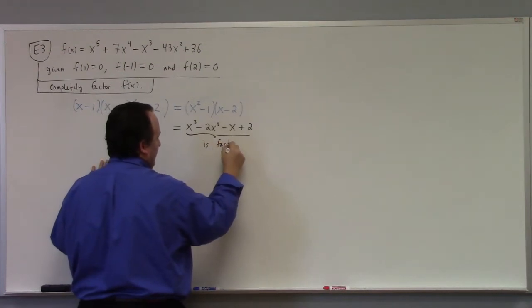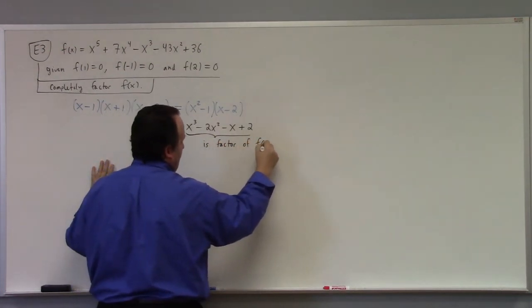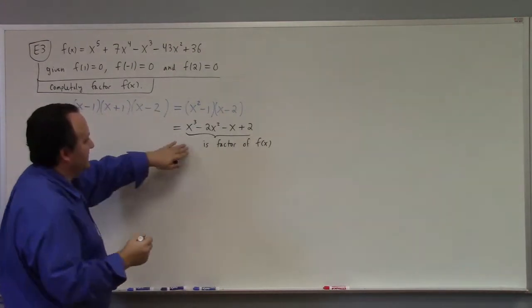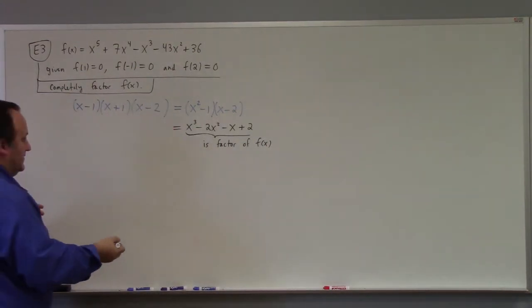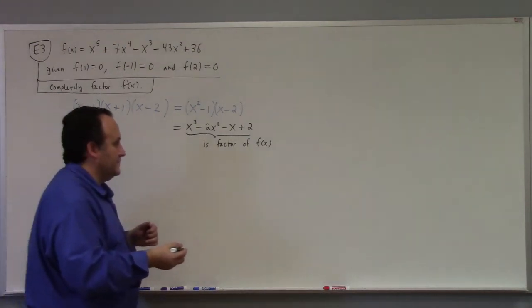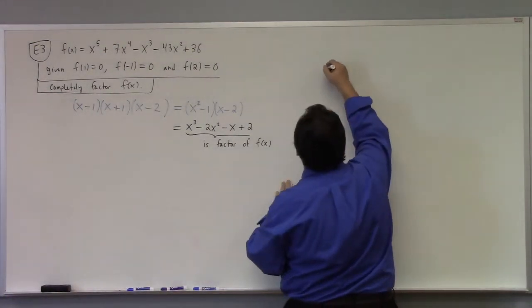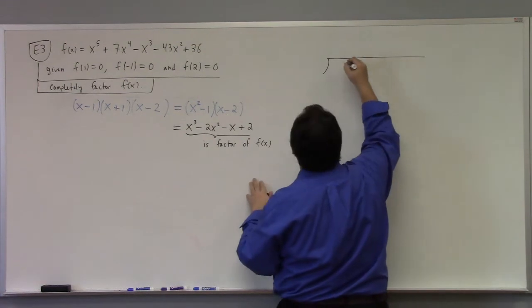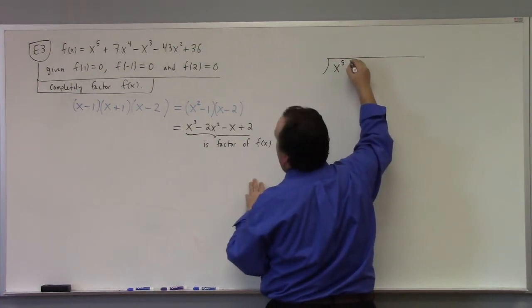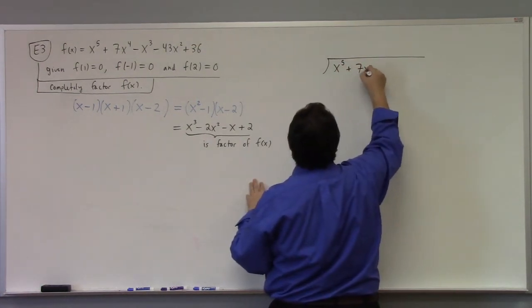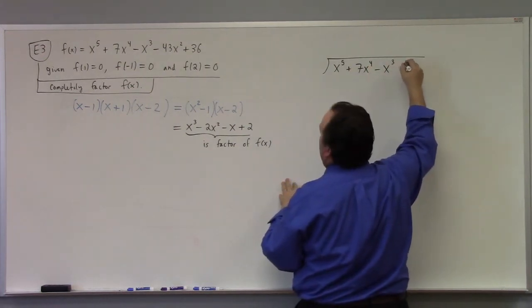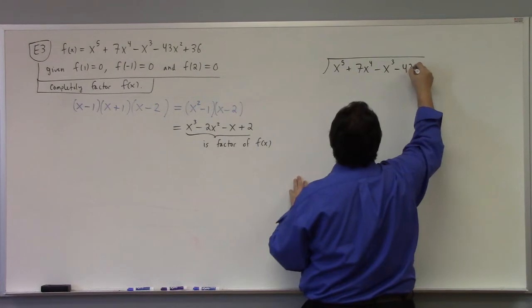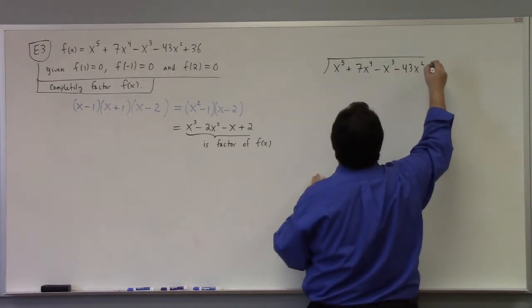Okay, so that's great. How exactly do you factor this out of the given f of x though, right? So we can use long division to do that, and I'll do it over here. So I've got x to the 5th plus 7x to the 4th minus x cubed minus 43x squared plus 36.